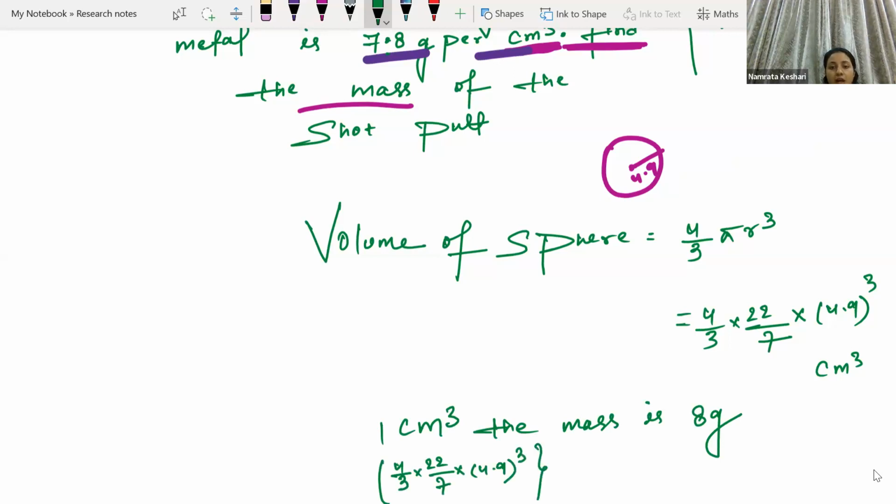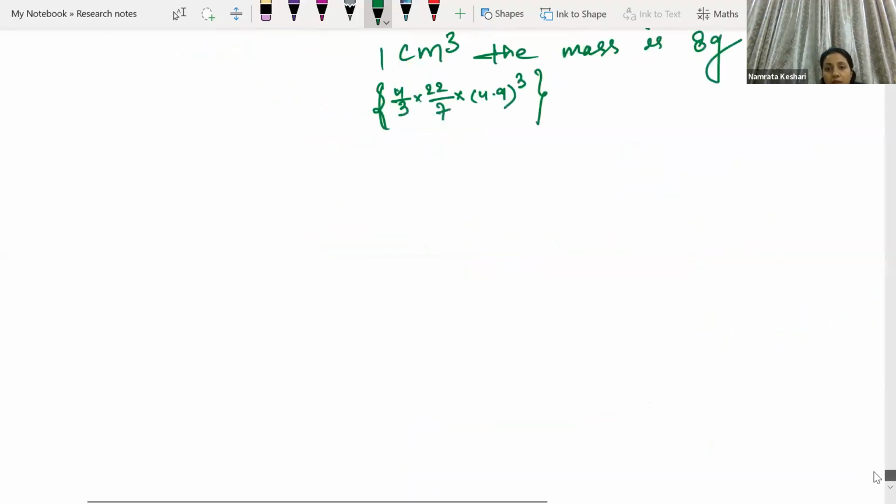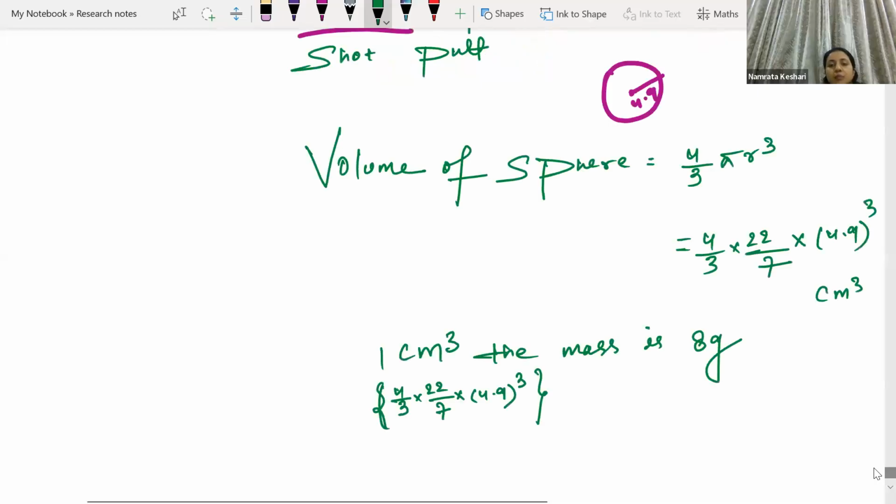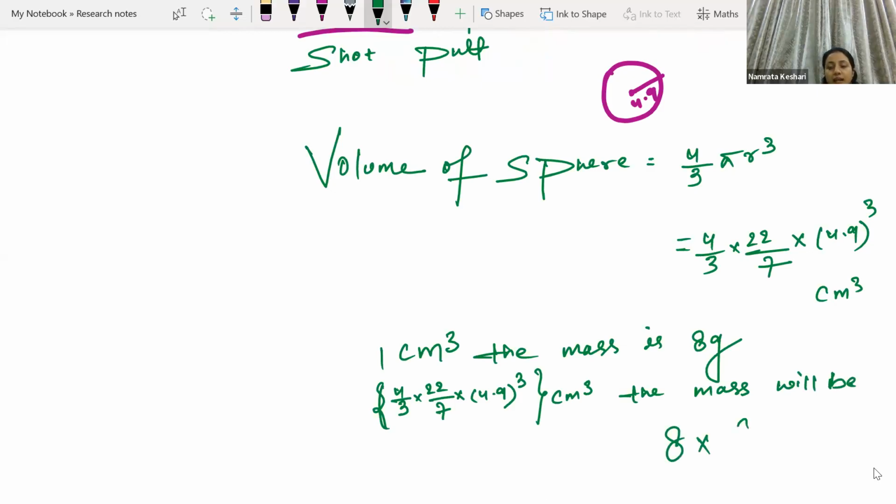Maybe now when we will multiply with 7.8, something will get cancelled out. Not sure. Now for 1 centimeter cube, this is the mass. For this much centimeter cube, the mass will be 7.8 into this one. Can we say that, everyone? Are you getting it?